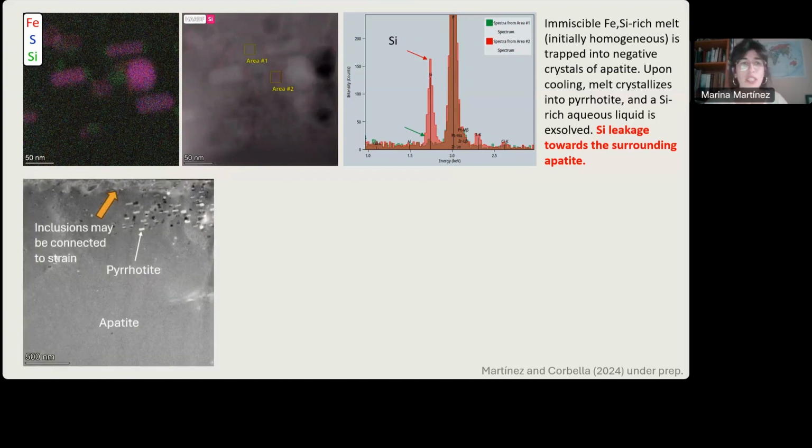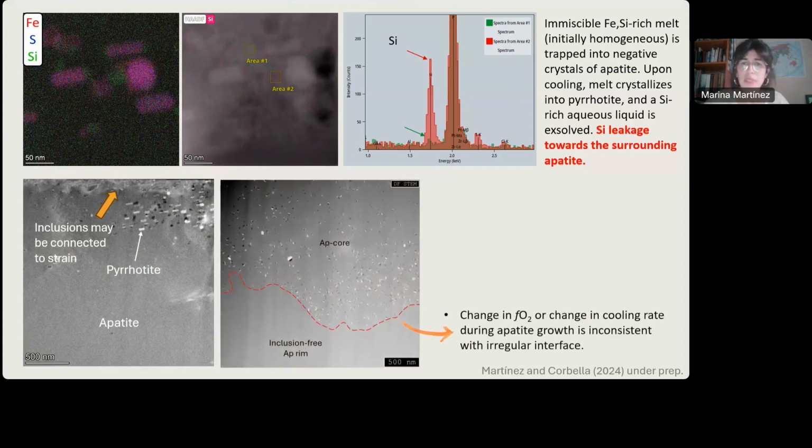We also see that inclusions are connected to strain, and that this irregular interface is very interesting because that rules out that this limit or this change is due to a change in oxygen fugacity or a change in the cooling rate, because that way we wouldn't see it irregular. We would see just the regular growth of a crystal, right?